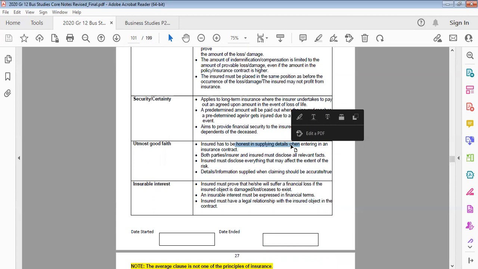And if his story doesn't go with the eyewitness's story, then that becomes a thing where the contract can be voided. Okay, and then it becomes like the people don't pay out your goods because you weren't honest in supplying details when entering into the insurance contract.